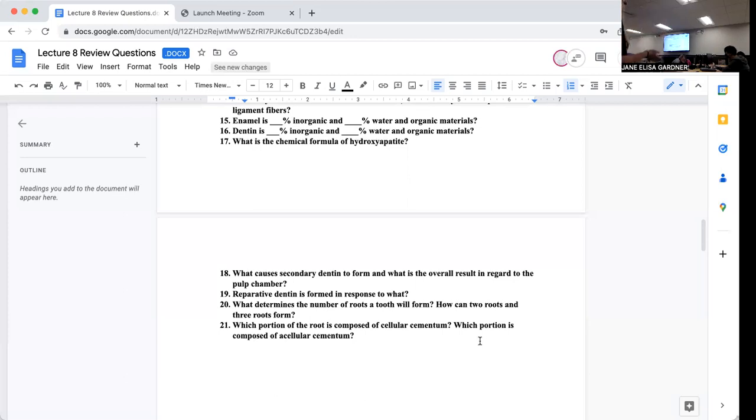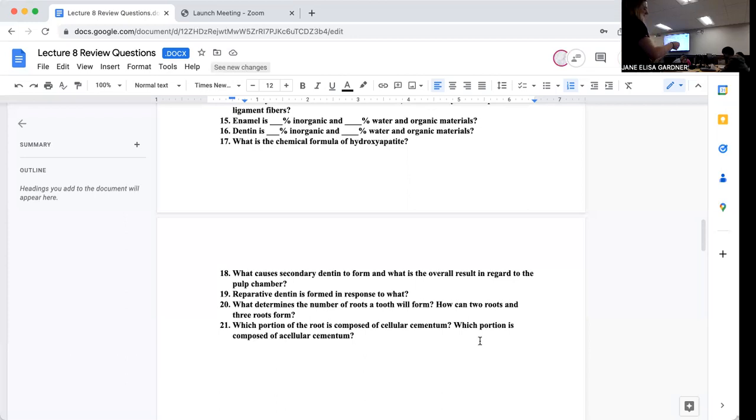I'm pretty sure that means there's just no cells, they're dead. And then cellular cementum is the apical third. Apical just means the tip of the root, so the end third of the root. And then acellular is the cervical 2/3. Cervical just means towards the gum line, so the upper 2/3 of the root.